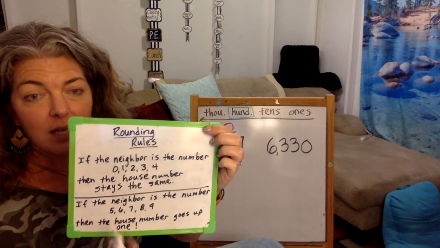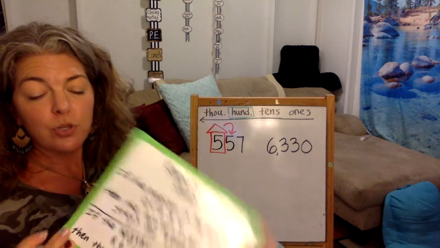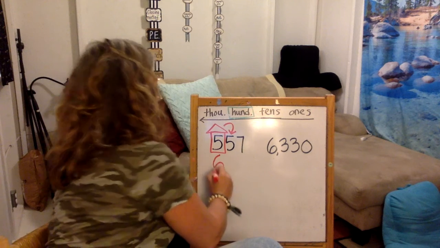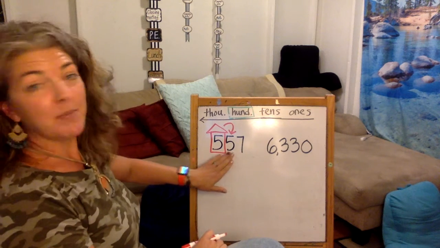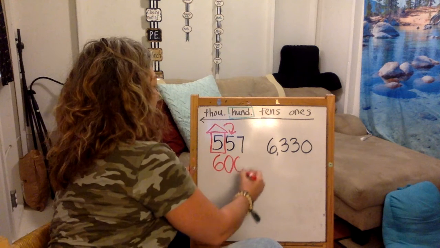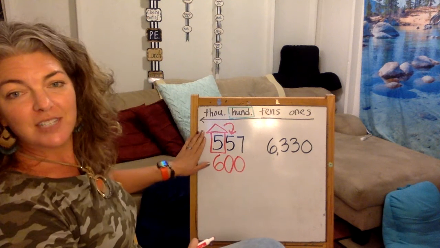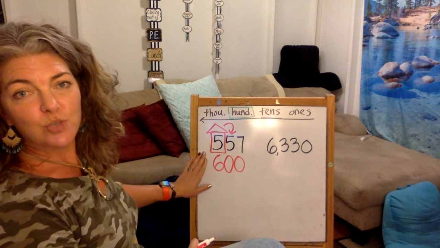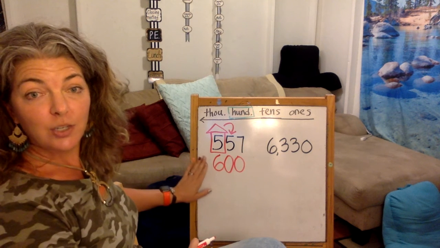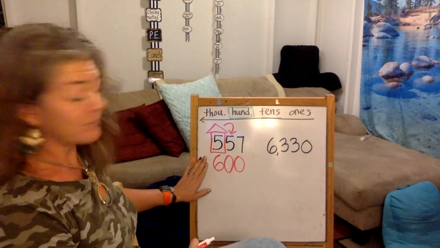There it is. Then my house number goes up 1. My neighbors have helped me. I don't need them anymore. 557 rounds to 600 when you're rounding to the nearest hundred. Your answer should be 600.